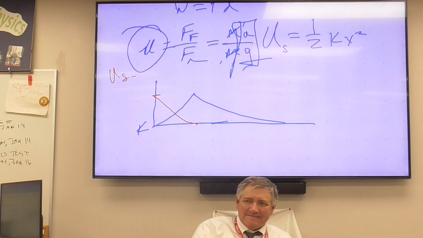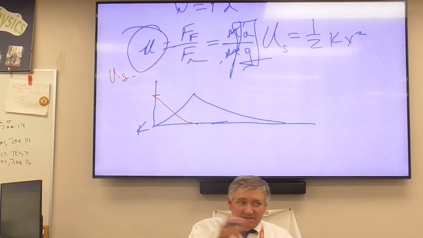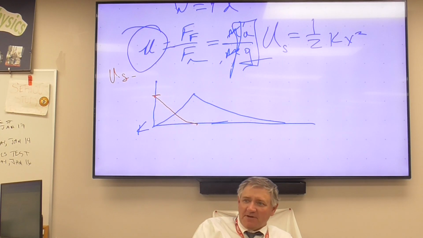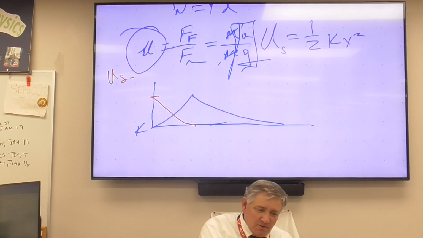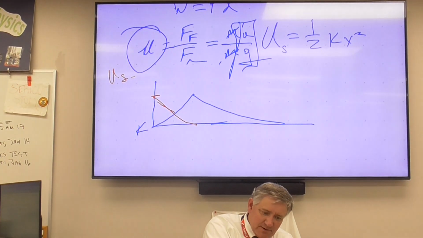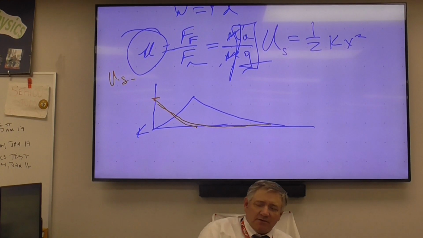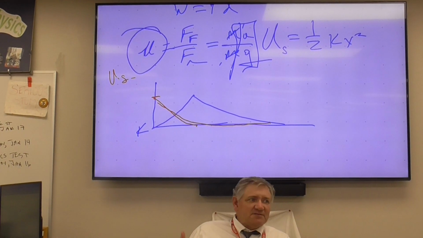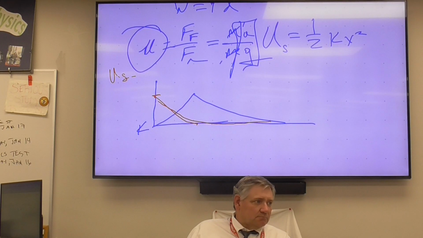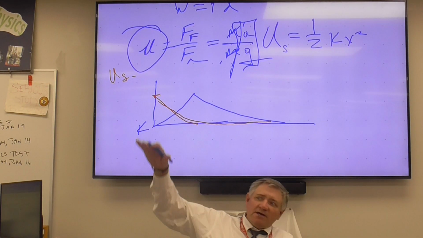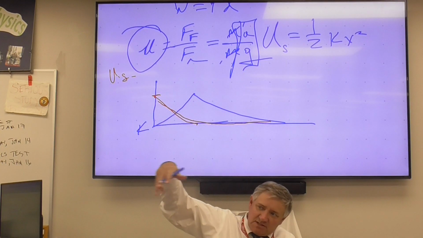Because it's not being compressed anymore. This isn't oscillating back and forth, okay? This is a one-way trip. So that graph is just going to start up here and go down like that and stay there, because we're not physically doing anything to recompress the spring. We're not storing it in, going up a hill, it's just going to be rolling.